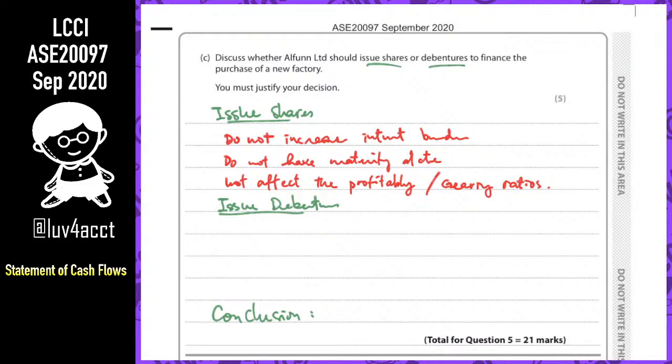But issuing debentures also has its own benefits. First of all, if I am a shareholder and I know the company wants finance, it would be nice if it is medium term, because if the company issues shares, the shareholding is diluted.